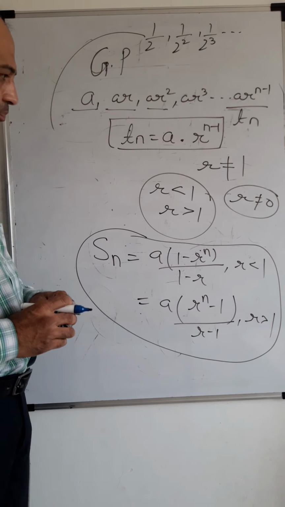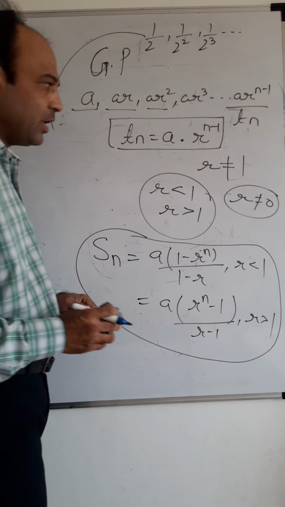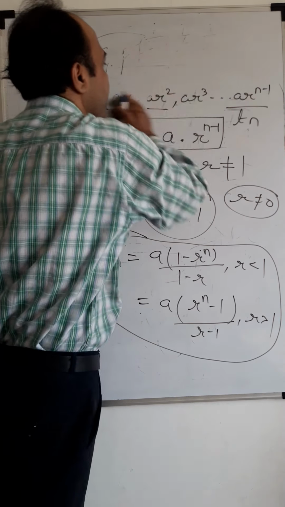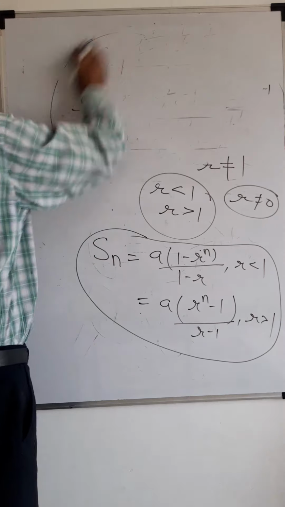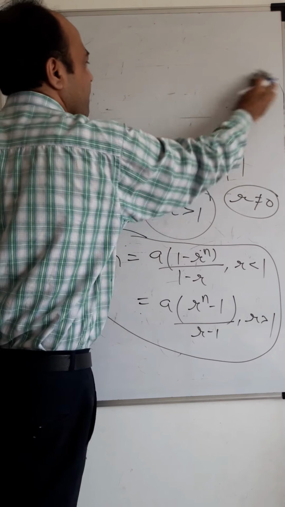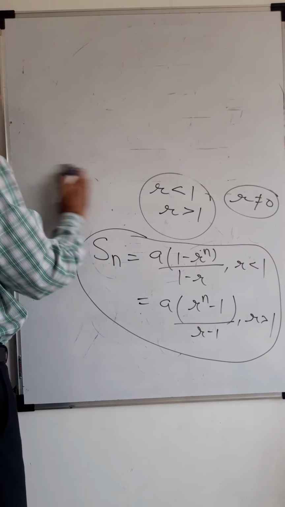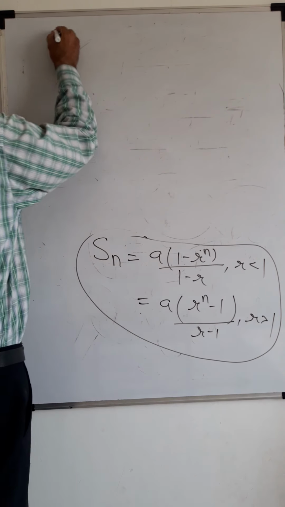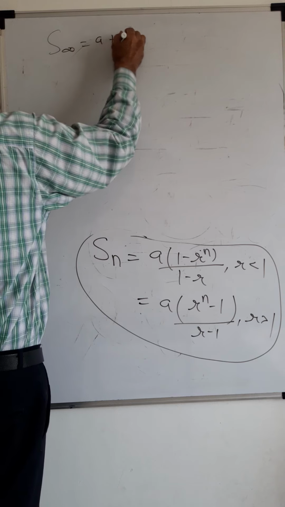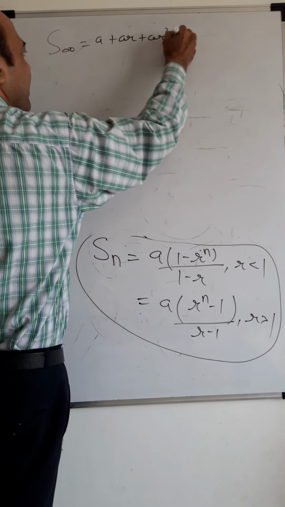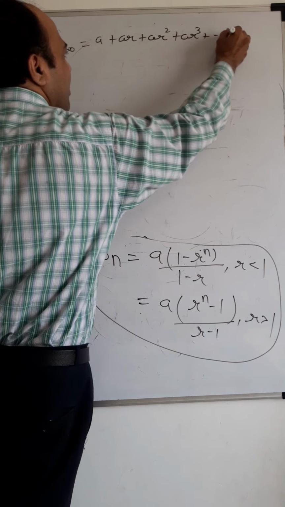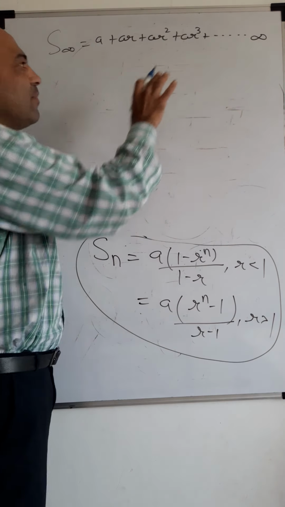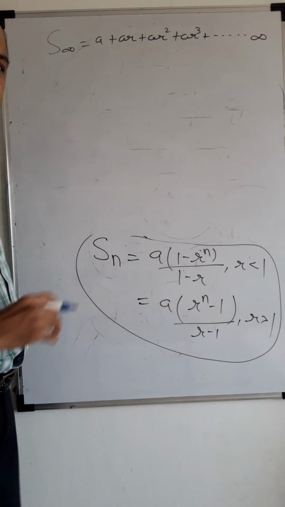Fine. Now we will move to S infinity of a GP. See, we have the sequence a, ar, ar square, ar cube, till infinity. Correct? Now we are looking at the sum of infinite terms of a GP.